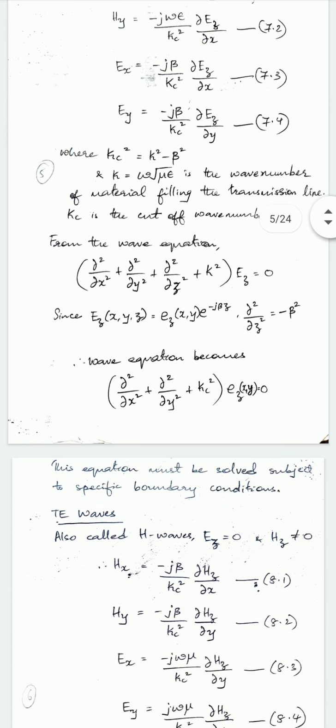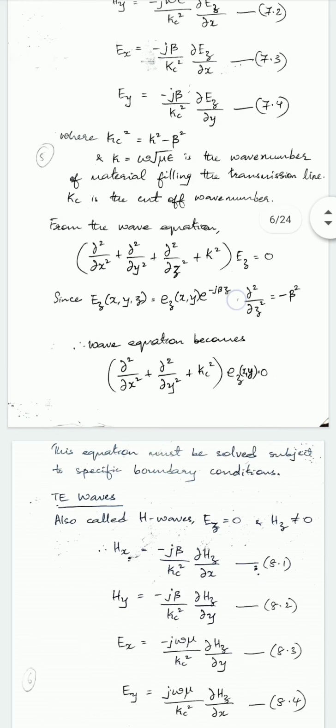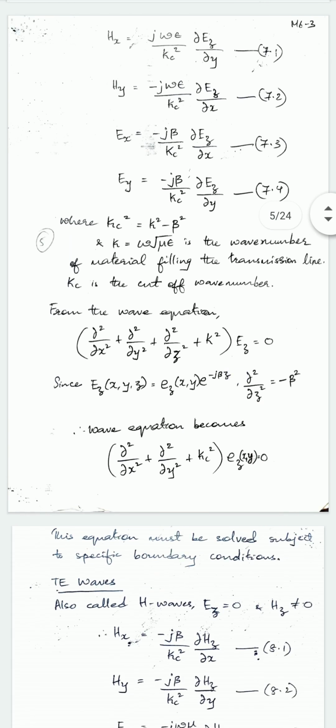So the wave equation is dou square by dou x square plus dou square by dou y square plus kc square into Ez of xy equal to 0. Using the boundary conditions, we can solve equations 7.1 to 7.4, then you will get the TM mode of the respective waveguide.